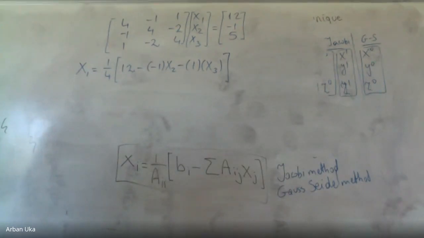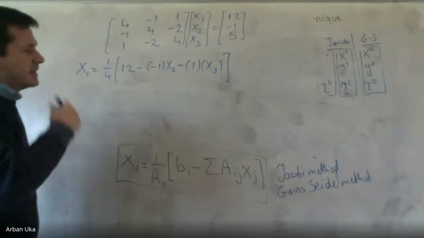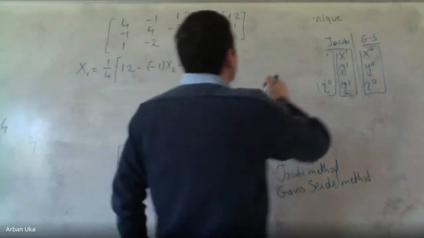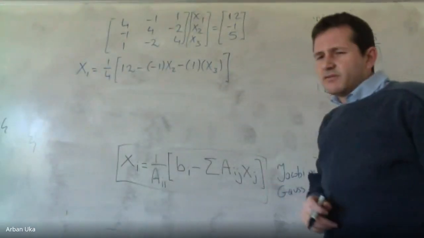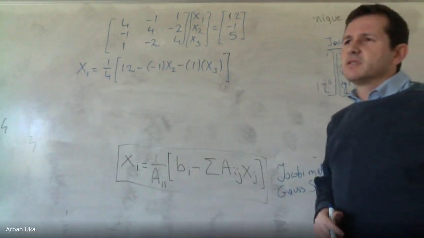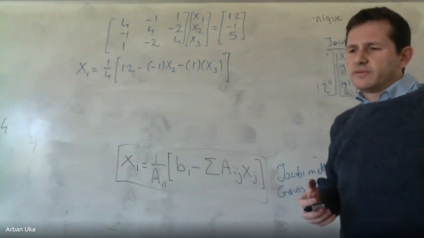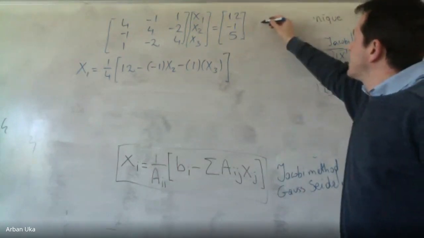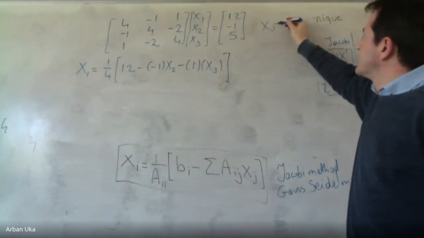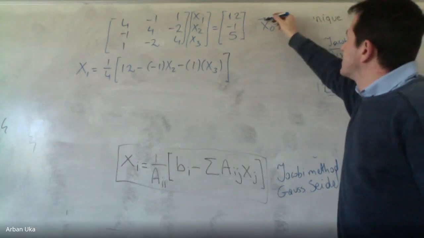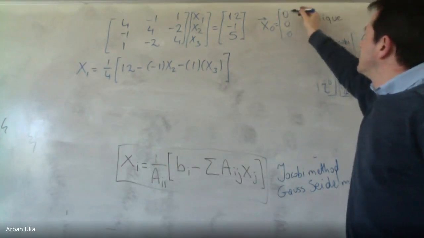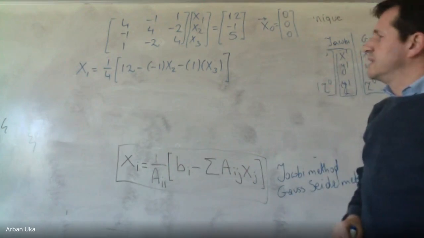But now this is an iterative technique, and first we have to use an initial value, an x0. Even when we tried to find the roots of the system using the Newton-Raphson method, the first thing that we did was assign an x0. In this case, let's give the x0 vector 0, 0, 0. Let this be our starting point.